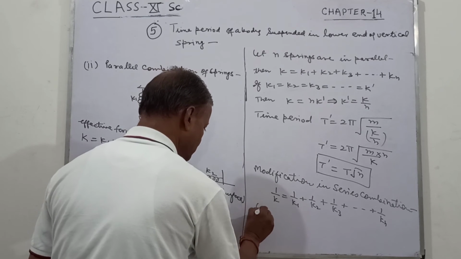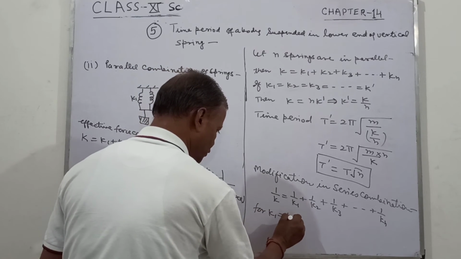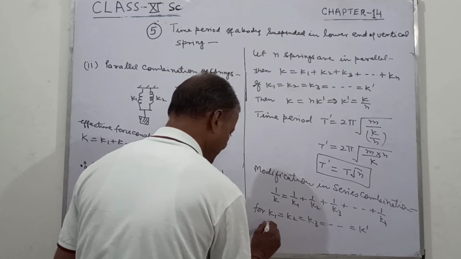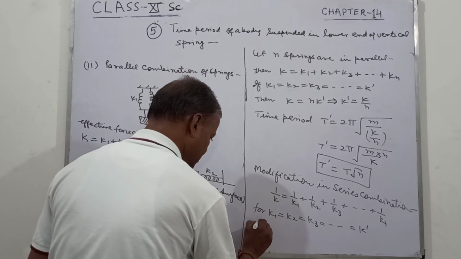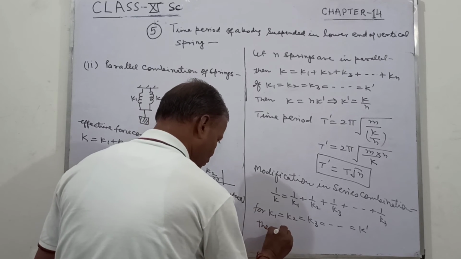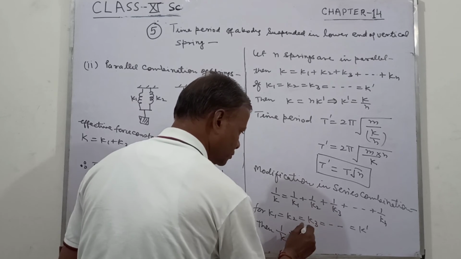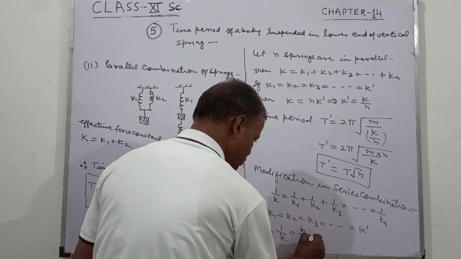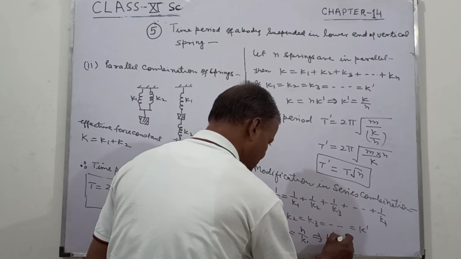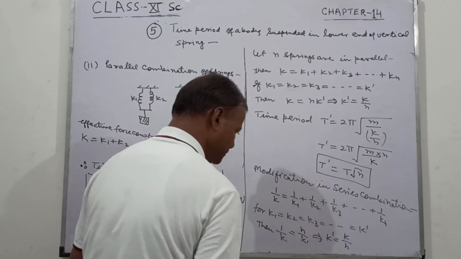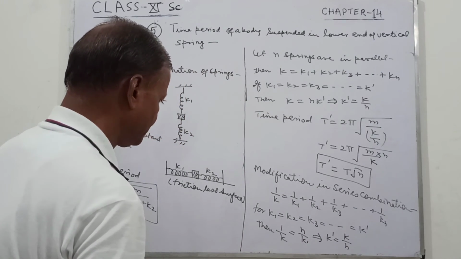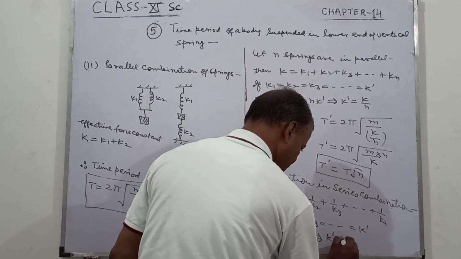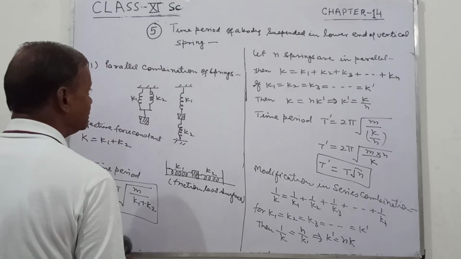Then for K1 equal to K2 equal to K3 equal to and so on, this is equal to K. Then 1 upon K dash equal to n upon K. So this will give you K dash equal to K upon n.